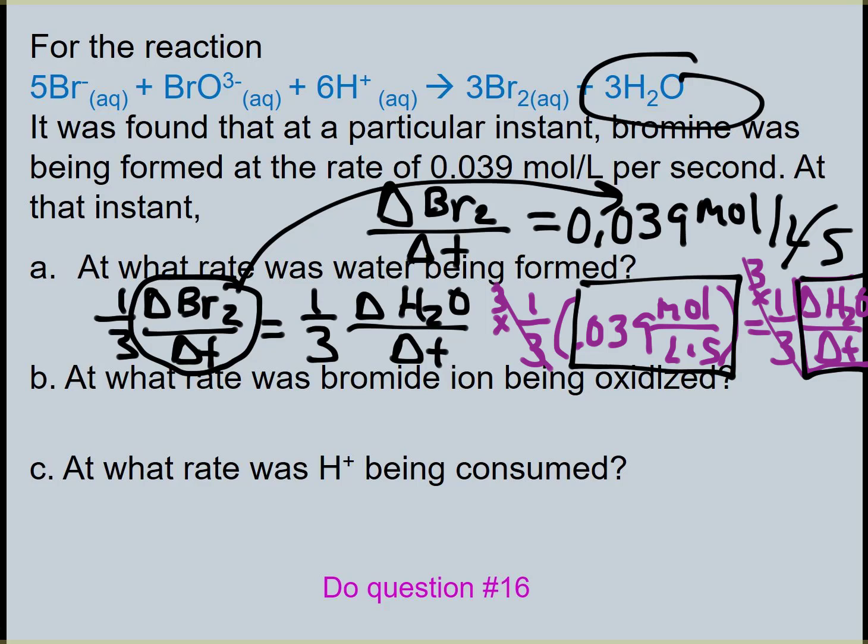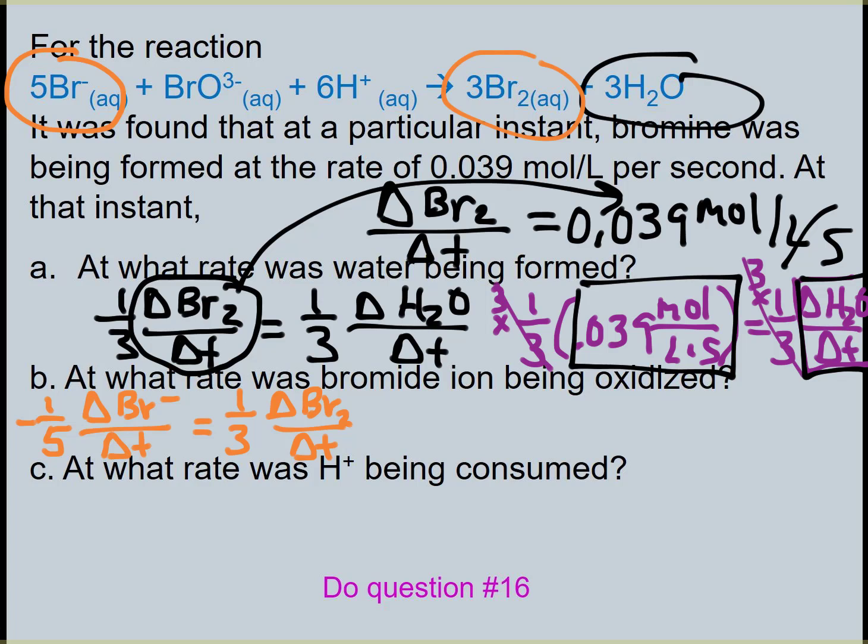All right, let's do the next problem. So at what rate is the bromide ion being oxidized? So this time I am comparing a reactant that's going to disappear to my product that is going to appear. So make sure you use those negative and positive signs just to show the direction it's going. So I'm going to have a -1/5 of the bromide ion being equal to 1/3 of the rate of formation of the bromine.